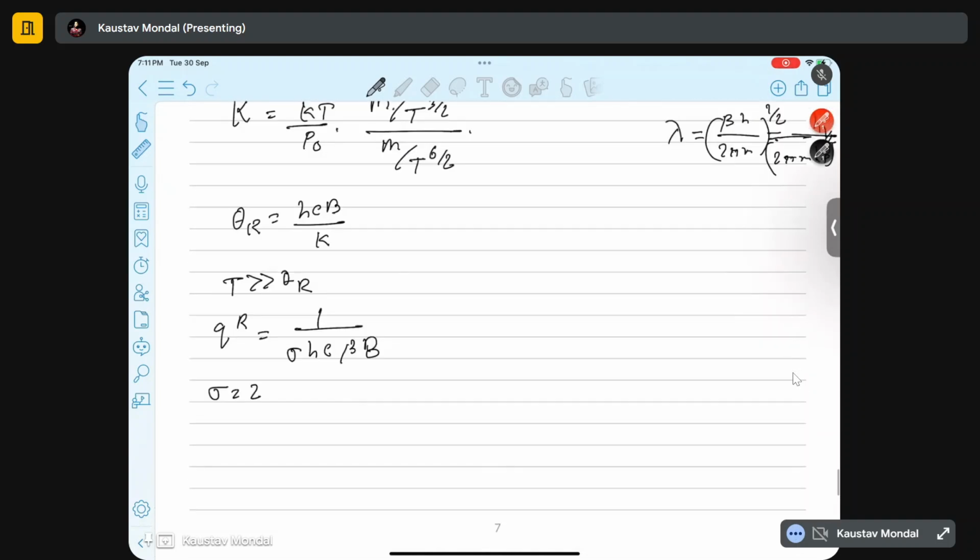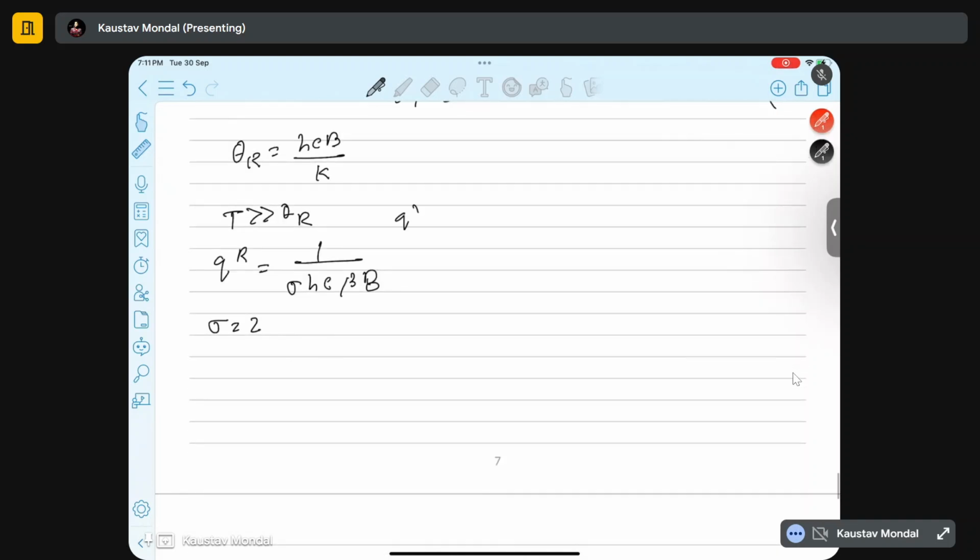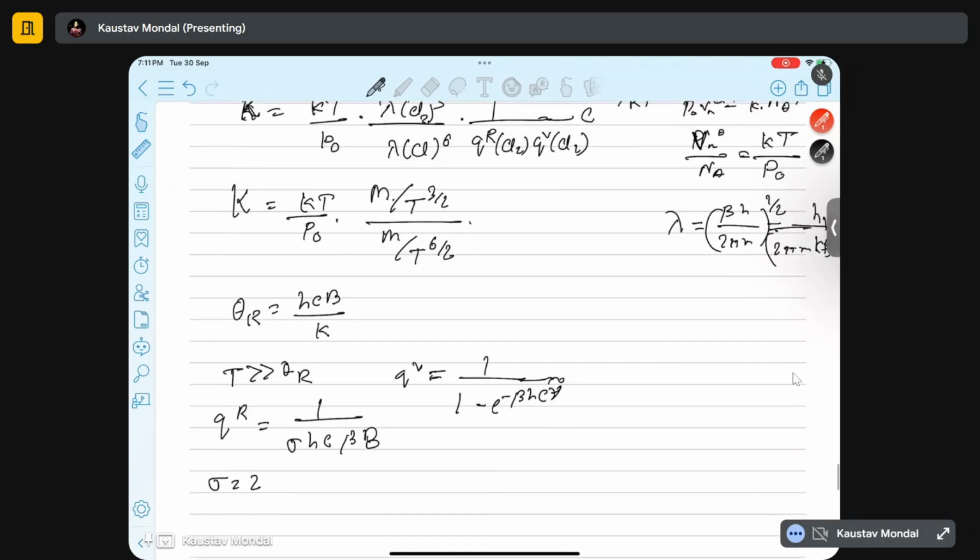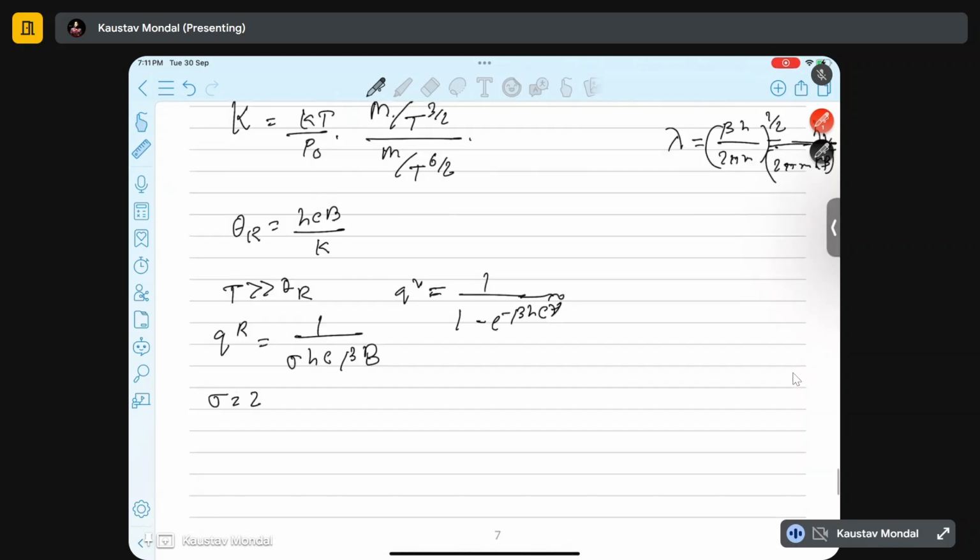Next is the vibrational. Okay, so for the vibrational also, the QV looks like this: 1 by 1 minus e to the power minus beta hc nu tilde. The nu tilde value is already given. So this expression is for Cl2.